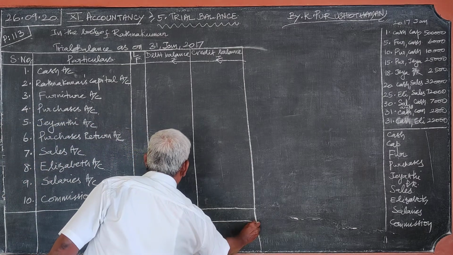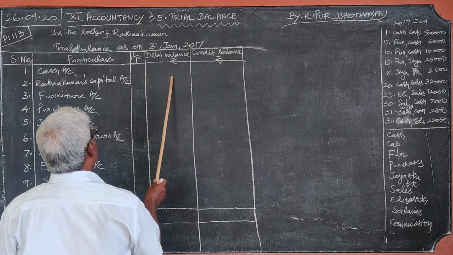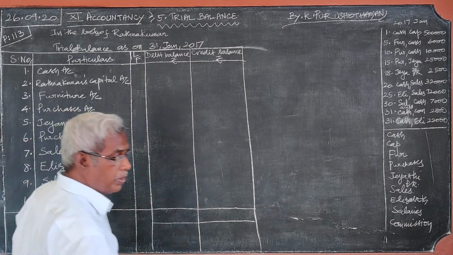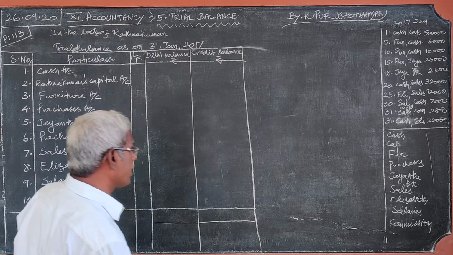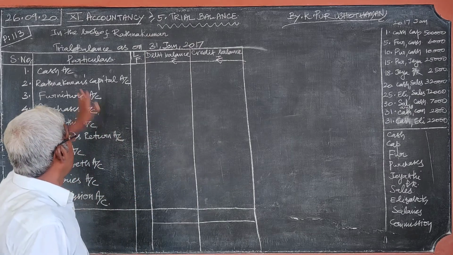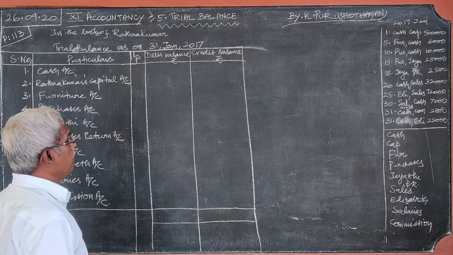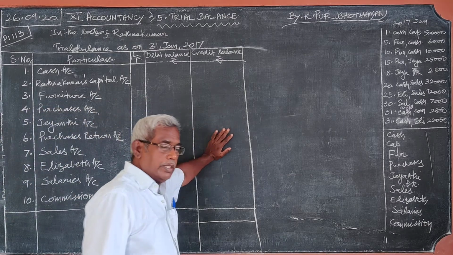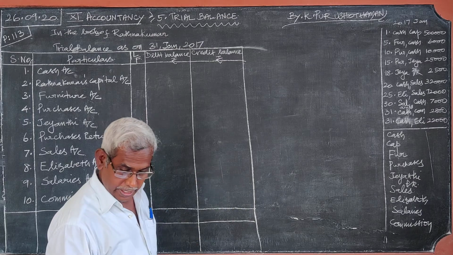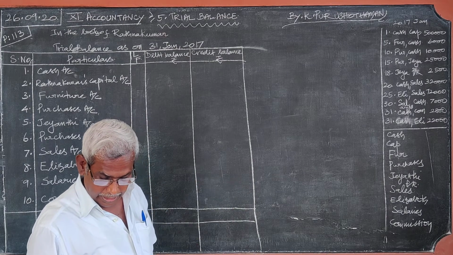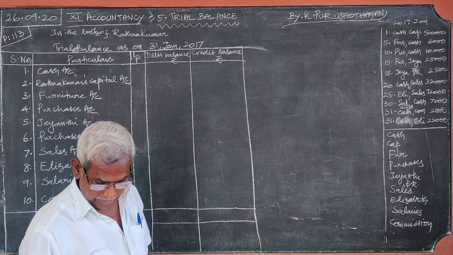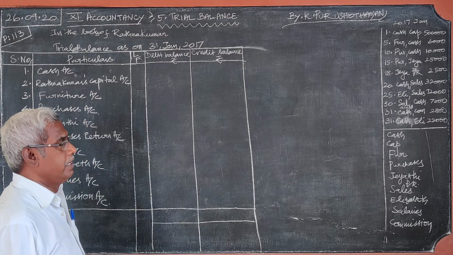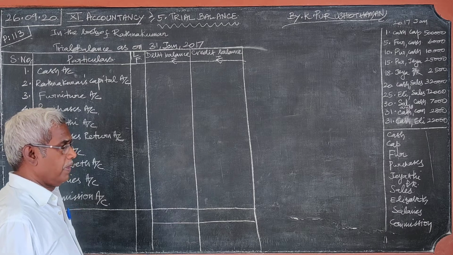The rest of the work is the debit balance and the credit balance. Here we should see the ledger balances and write against them, and we should decide whether to write in this column or this column. In the first ledger, cash account, we look at where the brought down is.